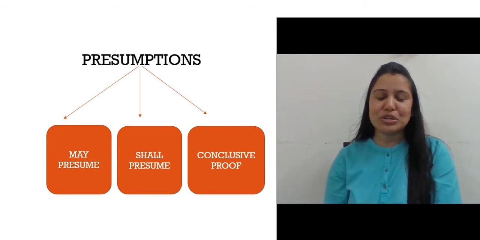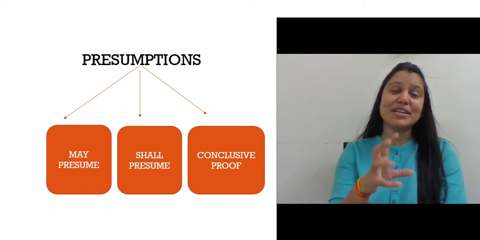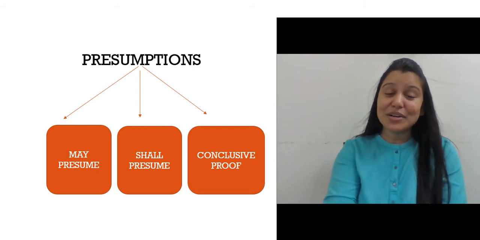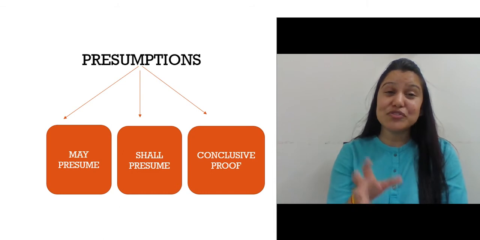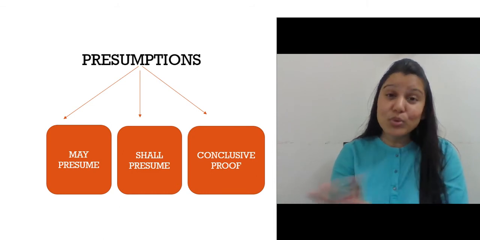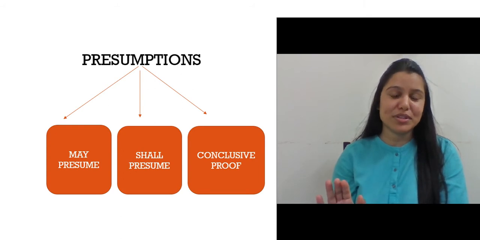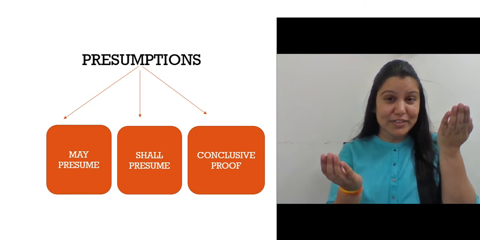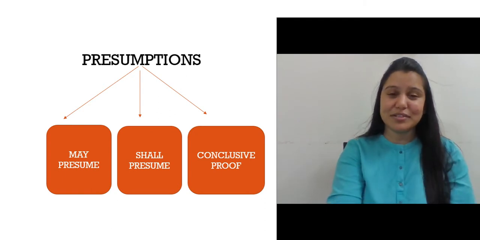And when it comes to conclusive proof, when a fact is taken as the conclusive proof of another, the court shall regard such fact to be proved and shall not allow any other evidence to be given on that fact.